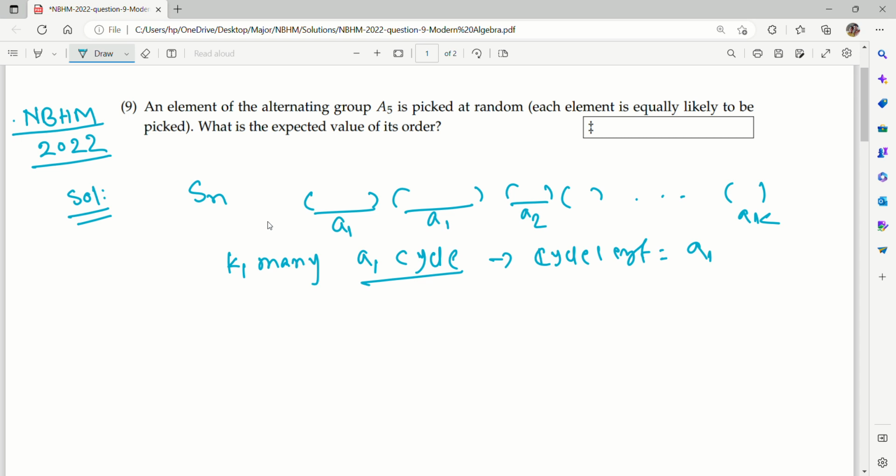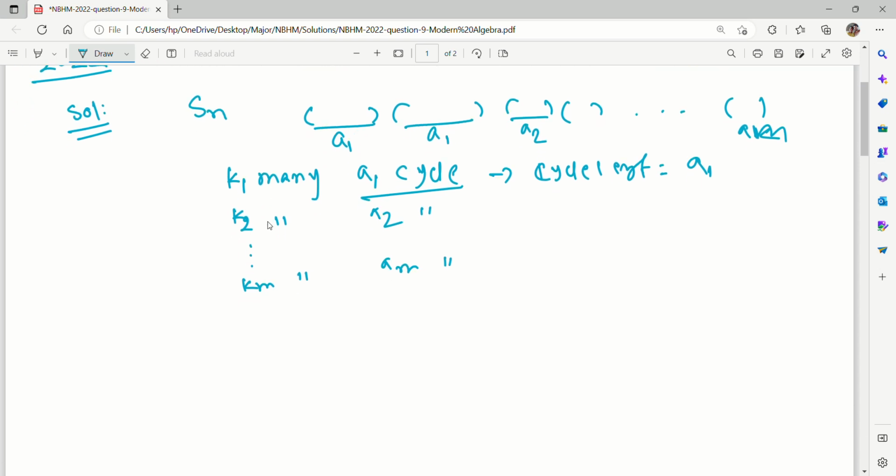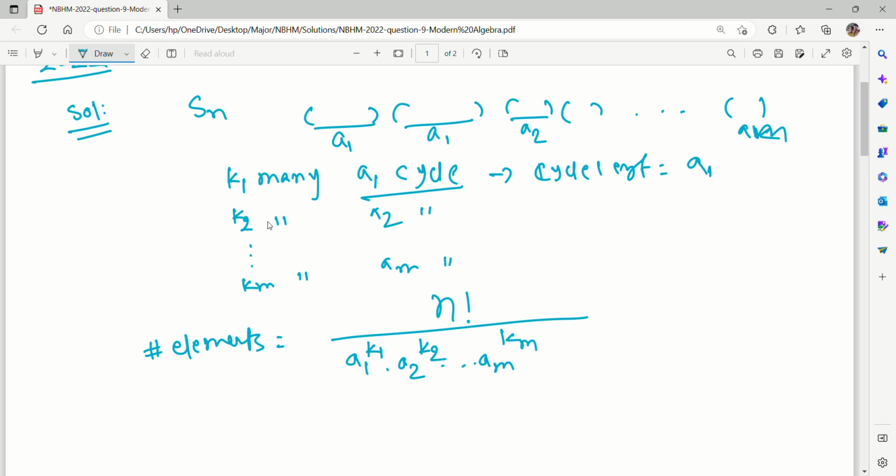So we are taking a random element here and decomposing it into distinct cycles, and suppose we have k1 many a1 cycles, k2 many a2 cycles, similarly km many am cycles. Then there is a formula: the number of elements of this particular type of conjugacy class is n factorial divided by a1 power k1, a2 power k2, up to am power km, times k1 factorial, k2 factorial, up to km factorial.